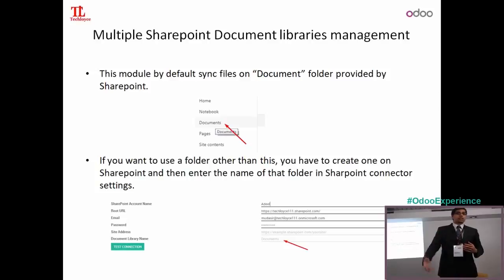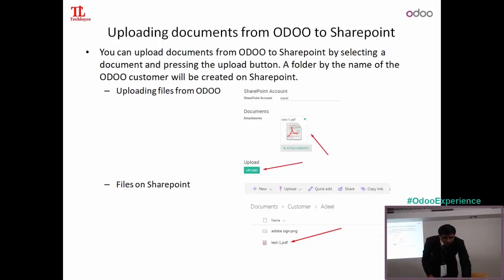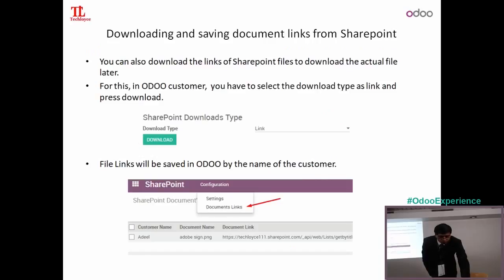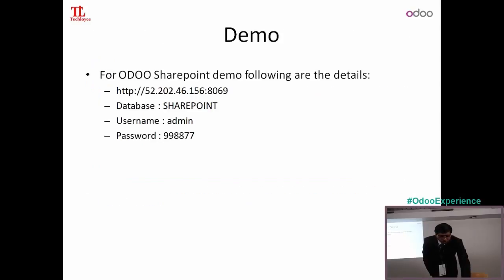So it will only bring the files when you ask the connector to. I think these screenshots give you some idea of how to upload, but it would be better if I go straight into the demo, and that will help you understand more.